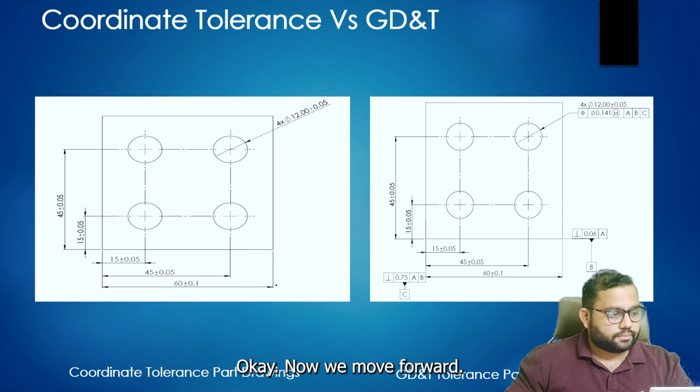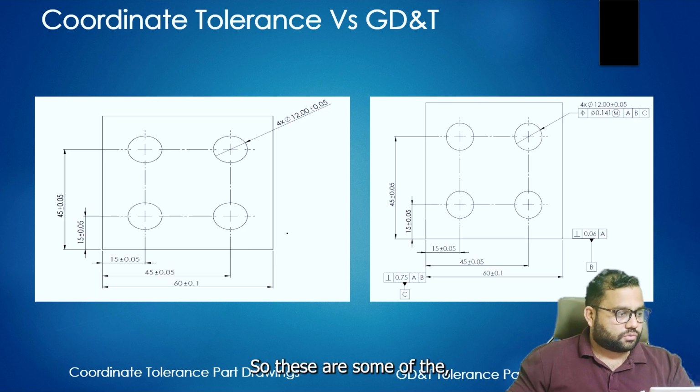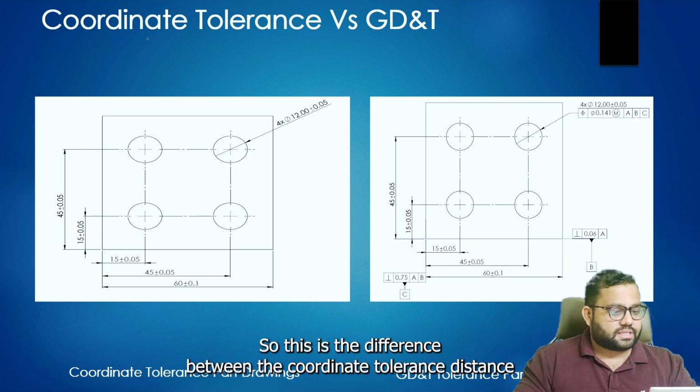Now we move forward. These are some examples of the difference between the coordinate tolerance system and GD&T.